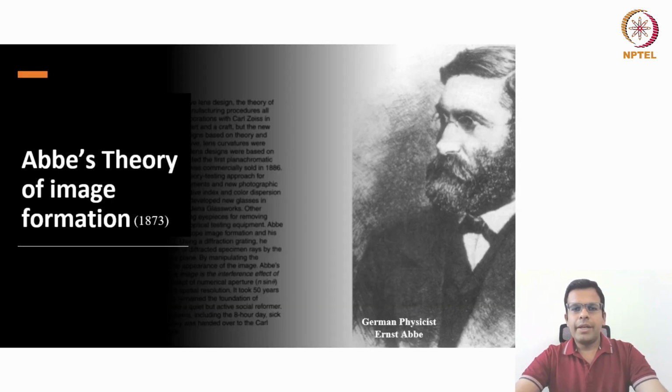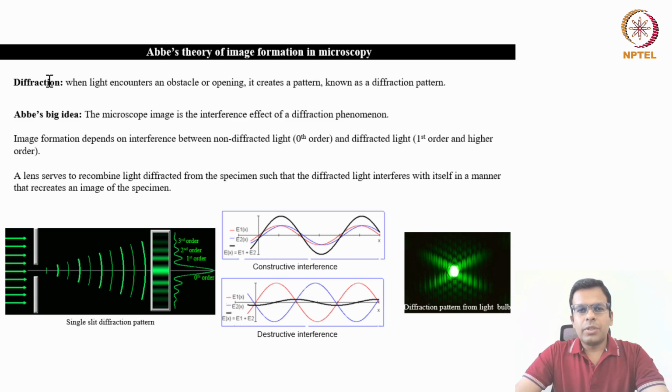Okay, so let us come to the Abbe's theory of image formation. So in 1873, a German physicist, Ernst Abbe, provided some theory for image formation. So let us see what he suggested at that time. When the light encounters an obstacle or opening, it creates a pattern known as the diffraction pattern.